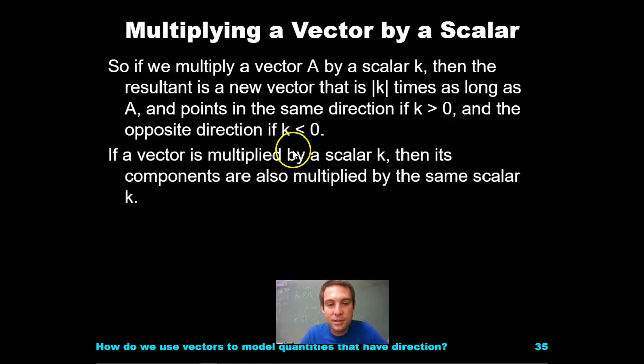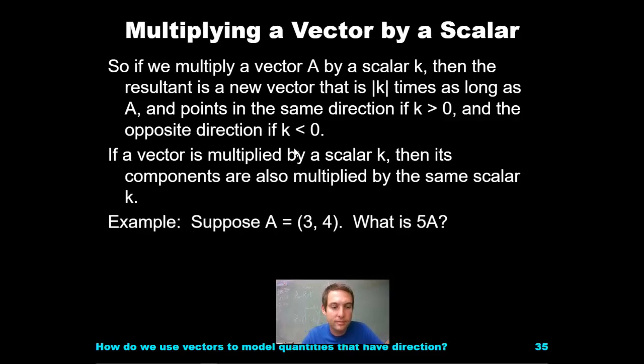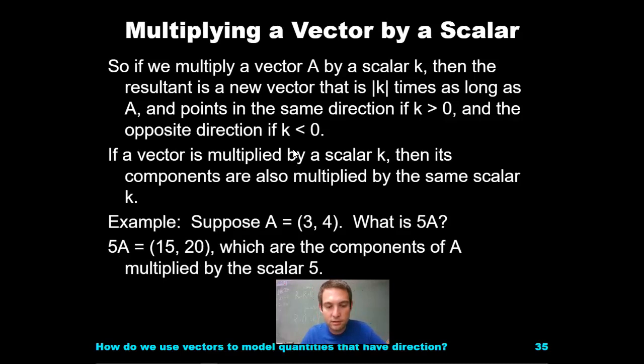If a vector is multiplied by a scalar, then its components are also multiplied by the same scalar. Example: if we have A equals 3, 4, what is 5A? 15, 20, right? Because 3 times 5 is 15, 5 times 4 is 20, which are the components of A multiplied by the scalar 5.